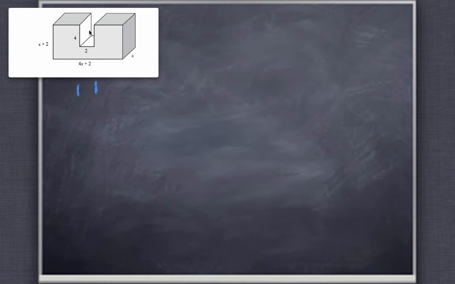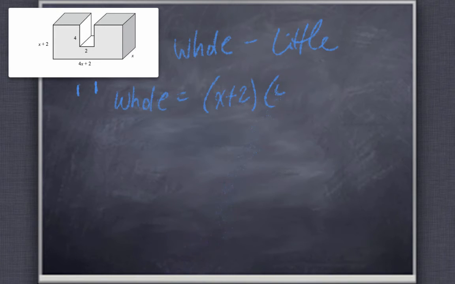But we can also just take the whole block minus the little. The whole block has volume x plus 2 times 4x plus 2 times x. That's just length, width, height.